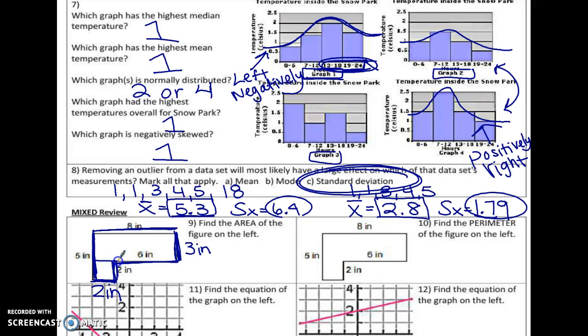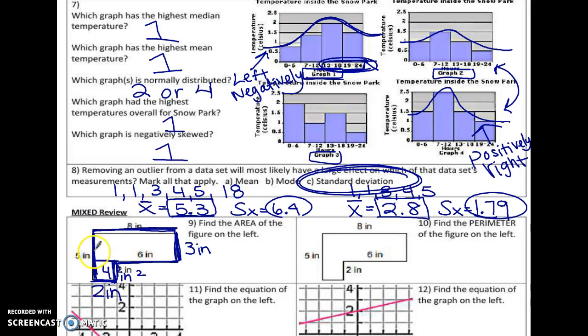So we got to break this up into 2 rectangles. And when I do that, this bottom one here is a square. It's 2 by 2. 2 times 2 is 4. That'd be 4 inches squared. And then up here for the top one, the across piece is 8.